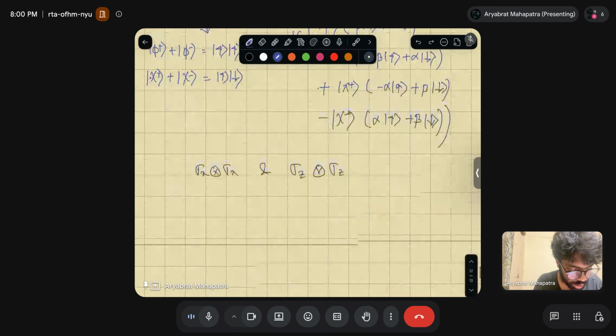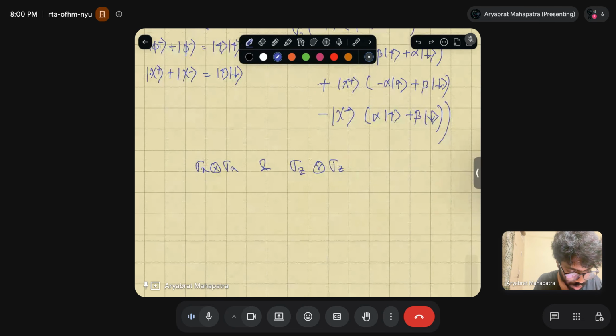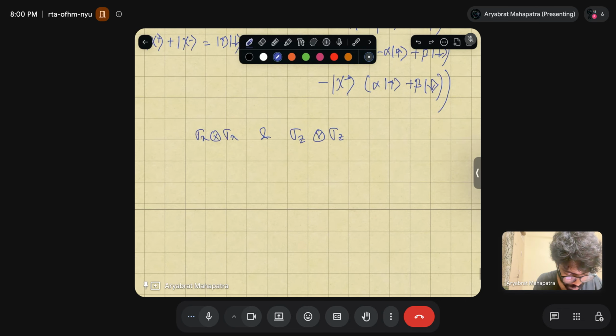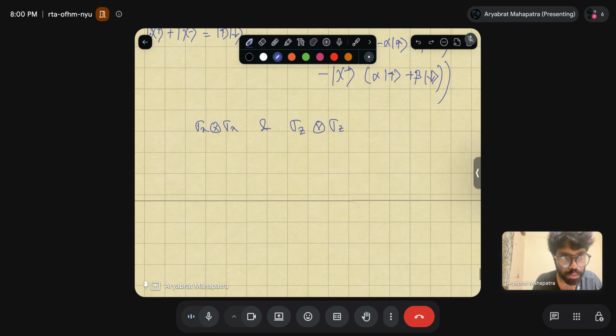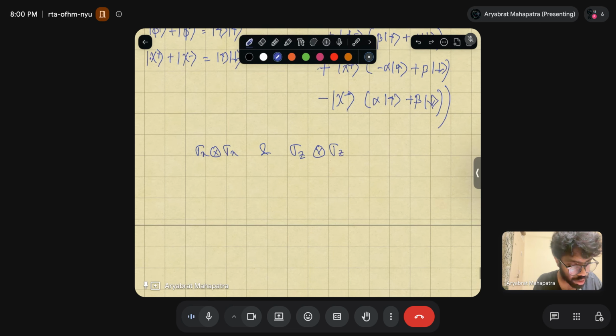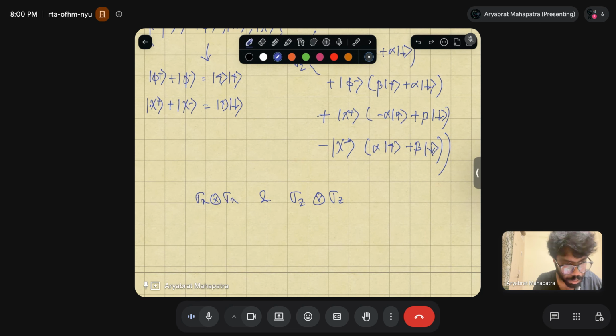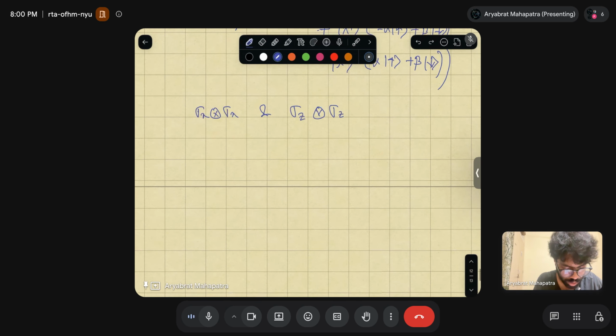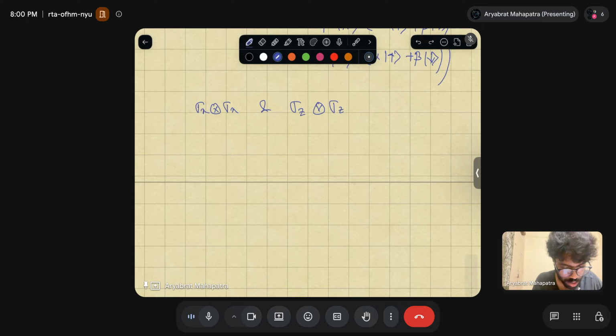So she has to measure both sigma x cross sigma x and sigma z cross sigma z. In doing that, you can do a similar type of operation as we have seen in the previous case. You will have the same calculations.